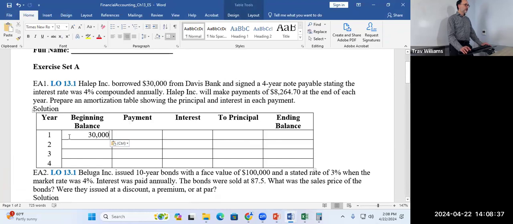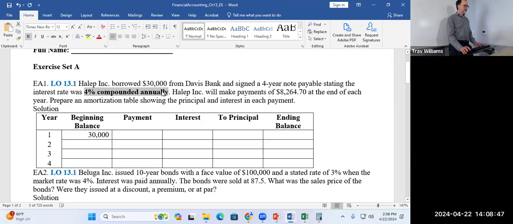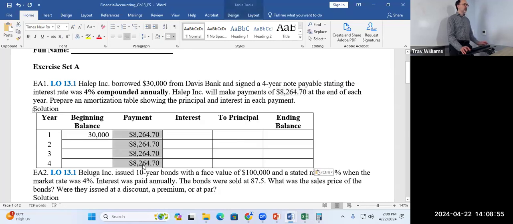It's a 4-year note payable. We see the 4 years right here. The interest rate is 4% compounded annually. Okay. The payments are this amount, and that's for every year. So I'm going to put the same amount under payment for all 4 years.